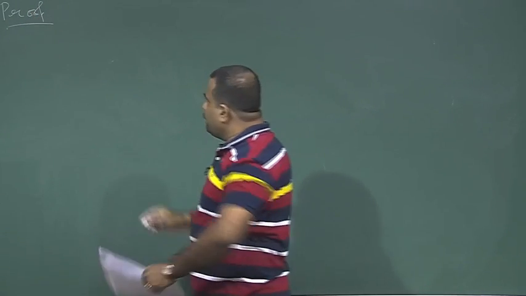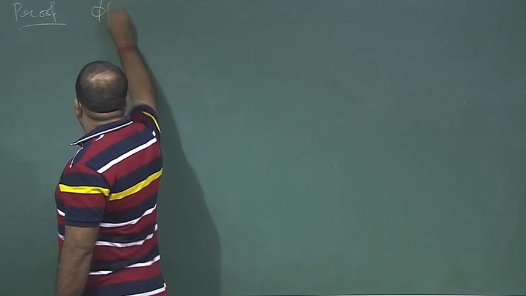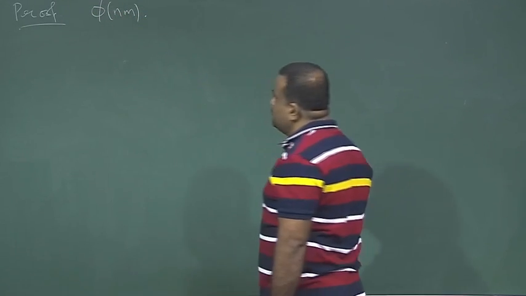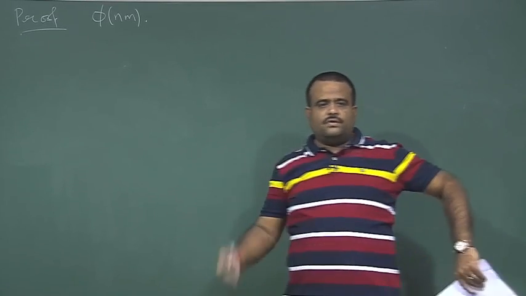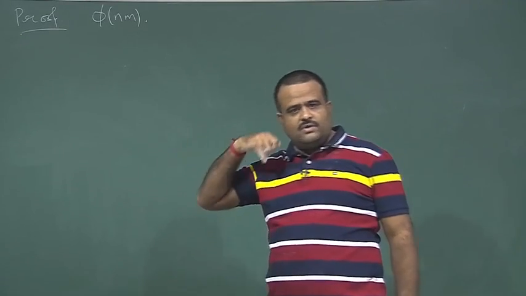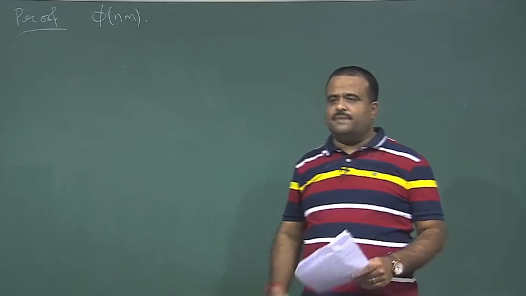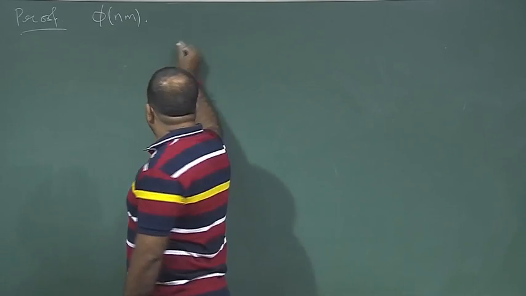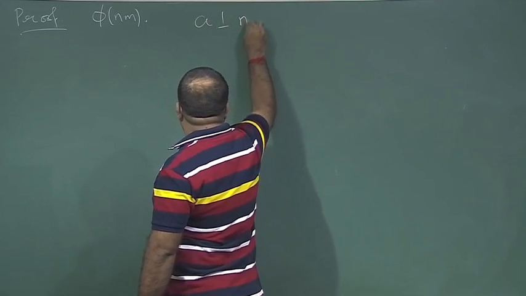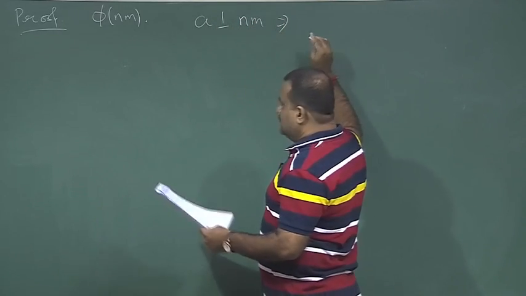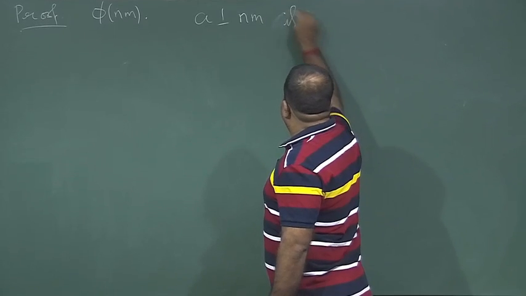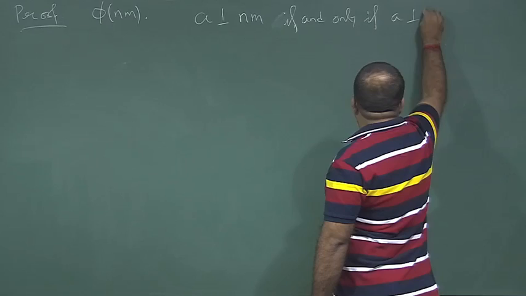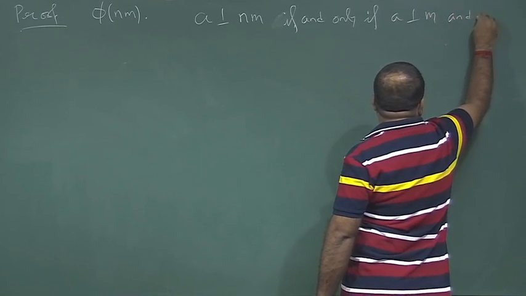We are looking for phi of m into n, where m and n are relatively prime. That means we are looking for all integers which are less than m into n and which are relatively prime with n into m. So, a is relatively prime with n into m if and only if a is relatively prime to both n and m.